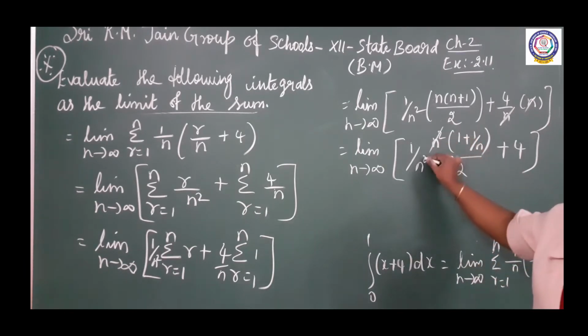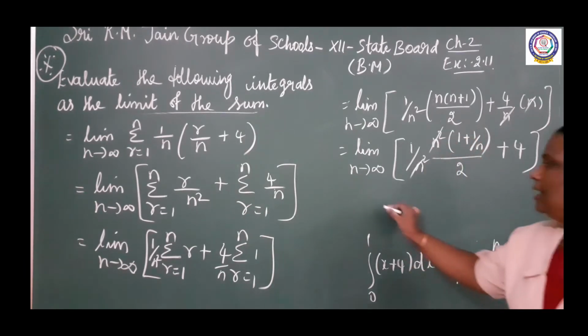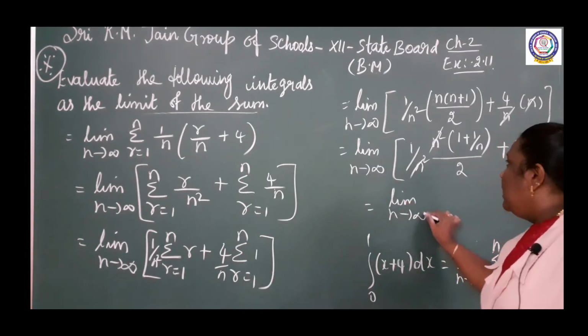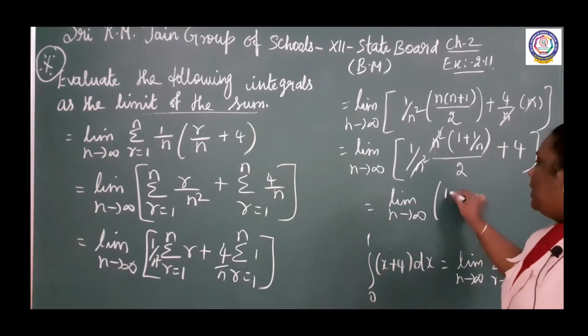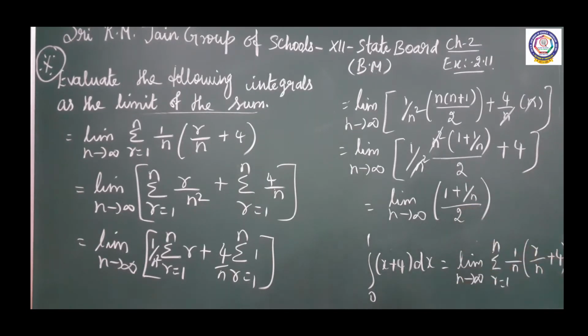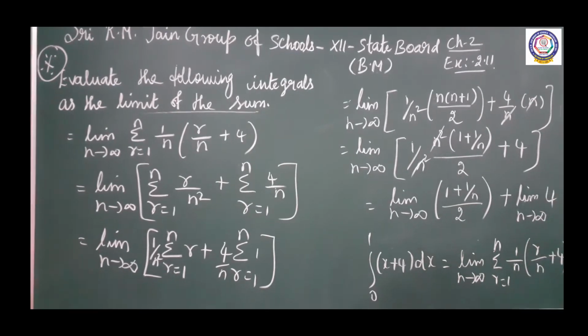Here also n square gets cancelled. So limit n tends to infinity, (1 plus 1 by n) by 2, plus limit n tends to infinity 4.